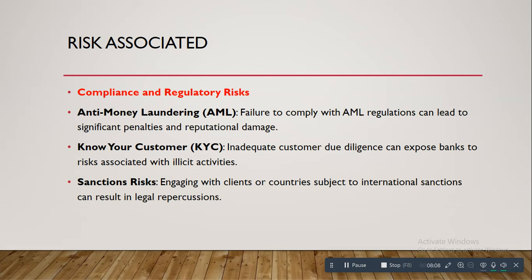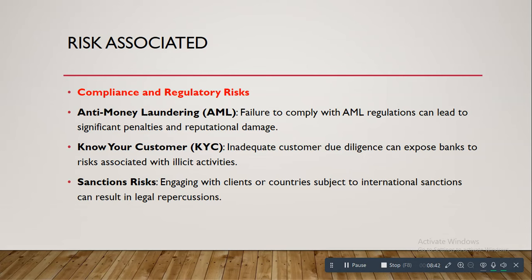Then KYC risk. Why is there a KYC or AML risk? Because in a normal banking relationship, when you enter a relationship with your bank, they know you directly. It is customer and bank, so there is clarity in the bank's mind. Now in correspondent banking, bank A is serving clients or customers of bank B who are based in a different location.